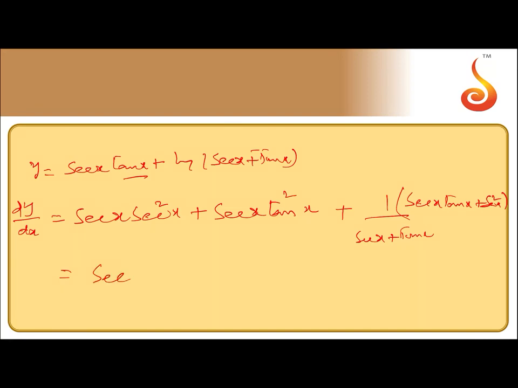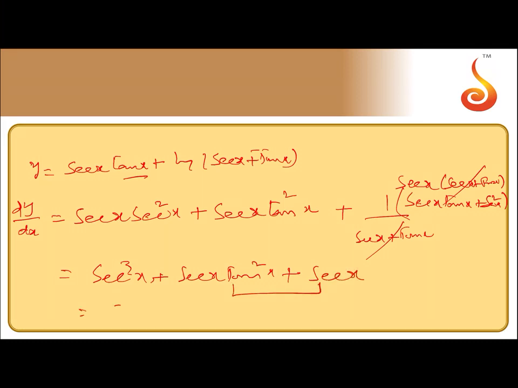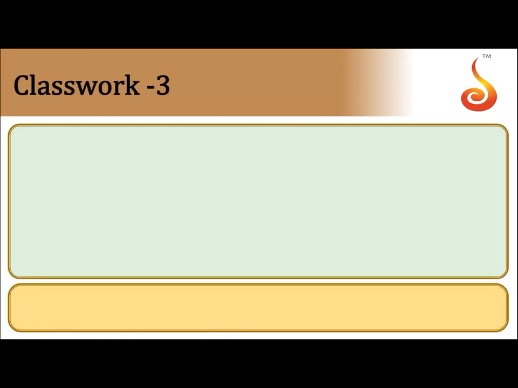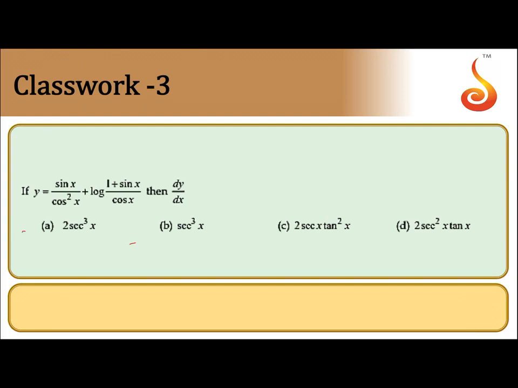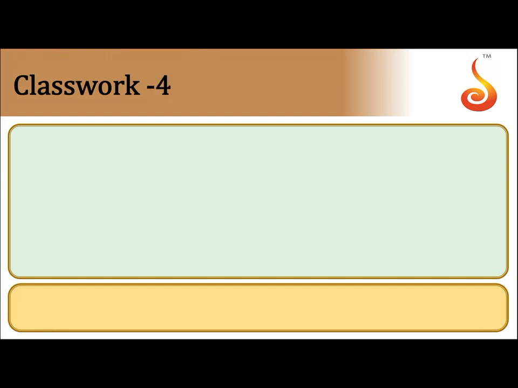And this is nothing but it is a secant cube x plus secant x multiplied by tan square x plus 1 secant x. When you take out the common, this is nothing but secant x plus tan x. So that these two gets cancelled, be getting secant x. So from these two, when you take out the common value, you will be getting 1 secant x. 1 plus tan square is secant square, will be getting secant cube x. So 2 times secant cube x. So the answer for the problem is equals to 2 times secant cube x.